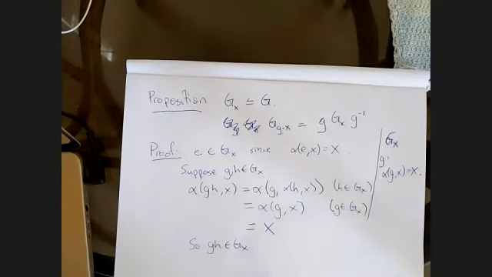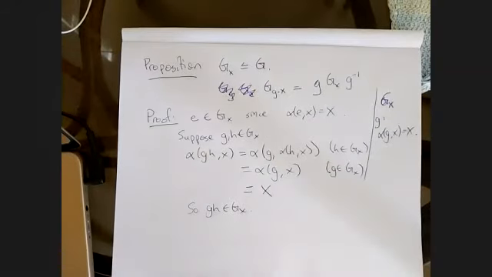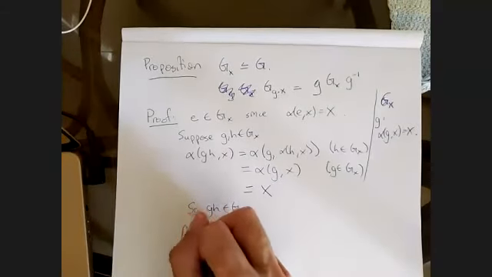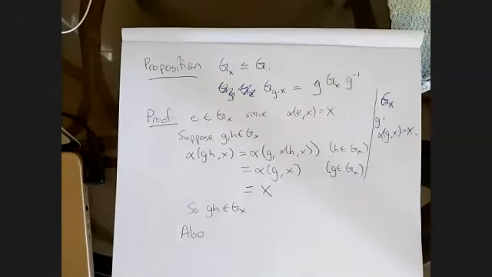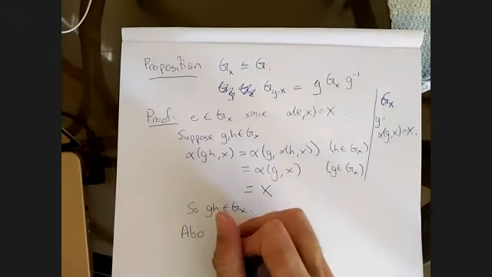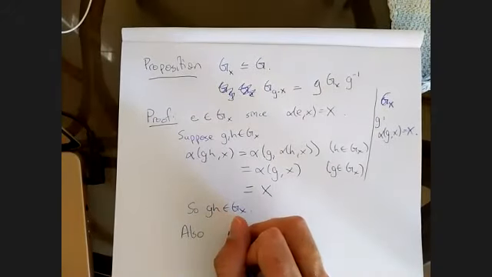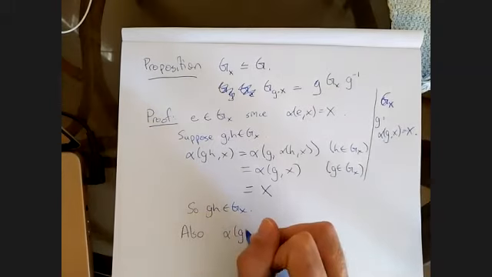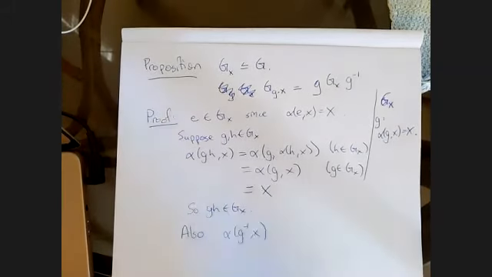Now let's check that g inverse is in the stabilizer. What is alpha(g inverse, X)?